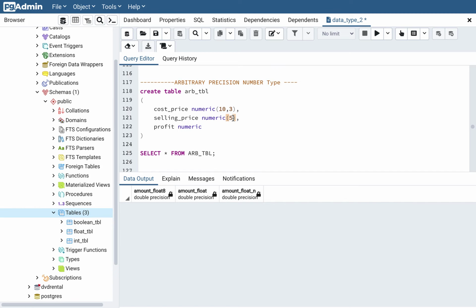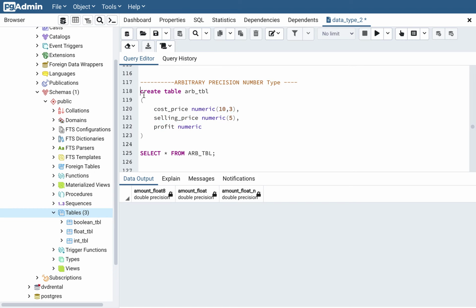The total number of digits is going to be 5, but I did not define the scale value. Scale is the number of digits after the decimal, but here I am not defining it. I want this selling price to store only the integer part of the value, not the decimal part, right? Then profit is numeric, where I have not defined anything, neither precision nor scale.